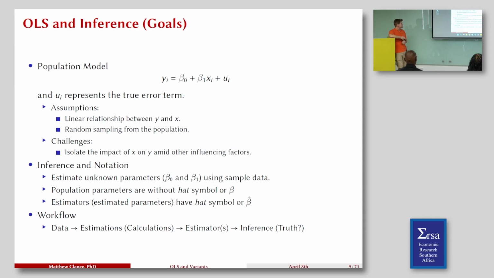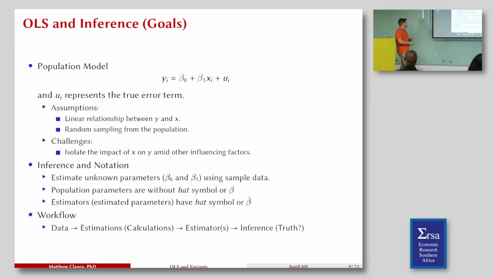There are a few other challenges we'll talk about in terms of strict exogeneity in a minute, and basically no perfect multicollinearity. That means we have to have some difference between the right-hand side variables. They can't be perfectly matching each other, a one-for-one outcome.